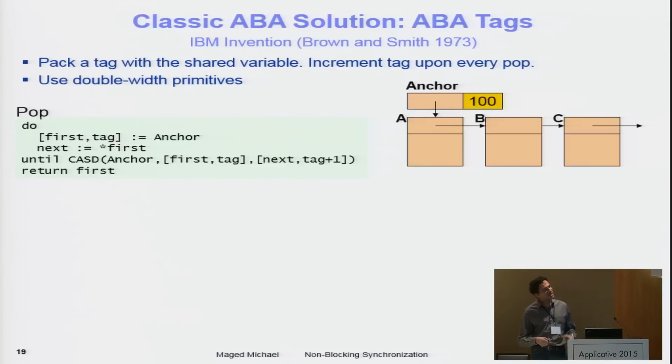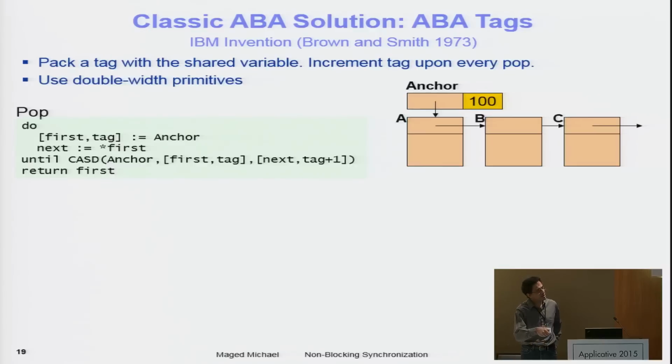Okay, so this is the classic solution. Actually, I found it in a patent application from IBM that was filed in 1973 for the ABA tags. What they had is the example for the pop operation that I mentioned earlier. Without the tag, it was incorrect using compare-and-swap.